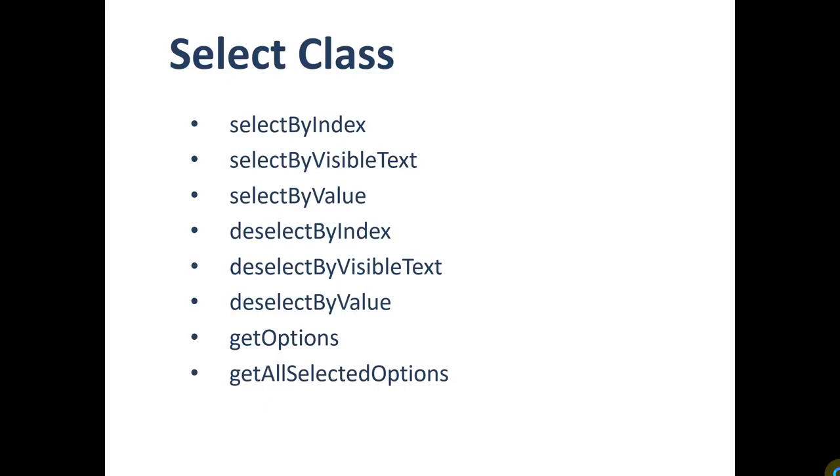So you may need these methods not only to perform certain operations but also to verify if that particular option is present inside the list box or not. And again, whatever we have selected, whether those are properly selected on the UI or not. So let's try to code this.